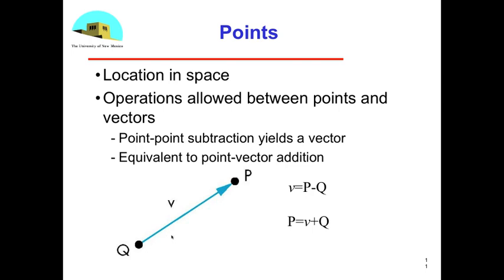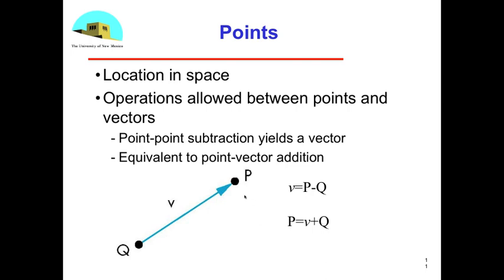Then I could say there's a directed line segment or a vector going from one to the other, and I could write that mathematically by saying this point P is what I get by starting with the point Q and going in the direction of V for the length of V, and that defines this operation, vector-point addition.